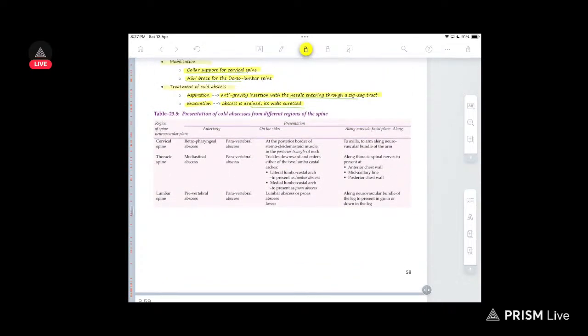Cold abscess in various parts of the spine you can read up here. First, the cervical spine. You will have a retropharyngeal abscess, and on the sides anteriorly a paravertebral abscess. At the posterior border of the sternocleidomastoid, in the posterior triangle of the neck, it trickles downward and enters either of the two lumbocostal arches.